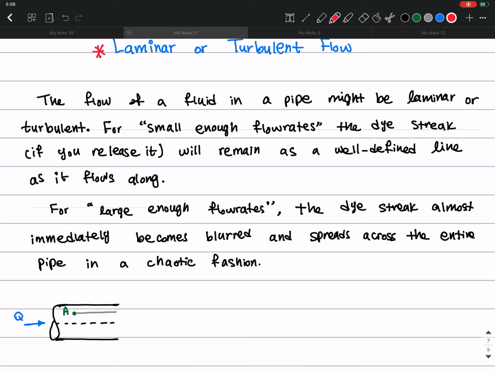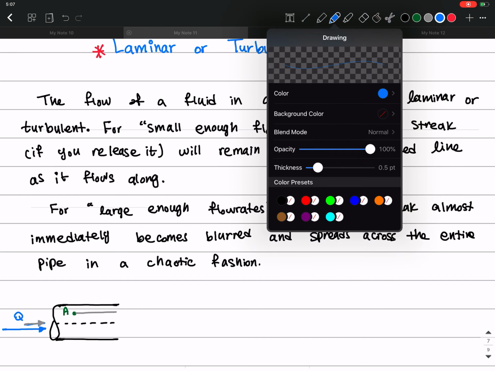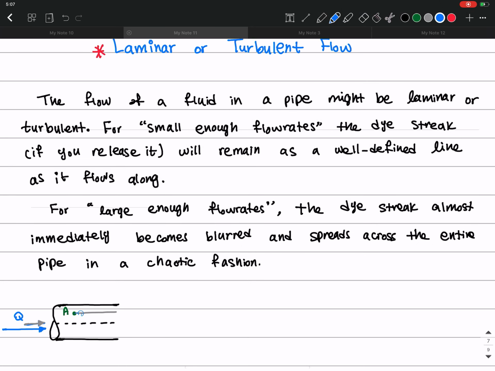So if your flow rate is very large, okay, so let me show this with another color. So say this is our first, and then if we increase this flow rate a lot, what you see is that this is going to do some chaotic motion, and it's going to blur and spread across the whole pipe.